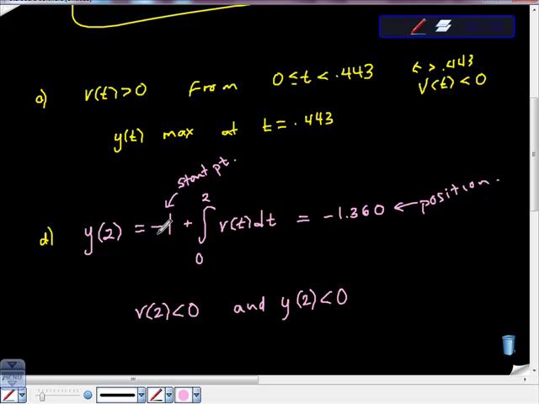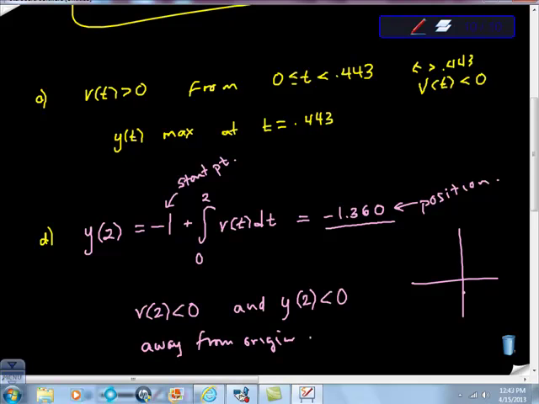We started at -1. At the end of 2 seconds, we were at -1.36. So here at time 0, we are here, and we're moving down. So we're moving away from the origin. Remember to show your calculus.